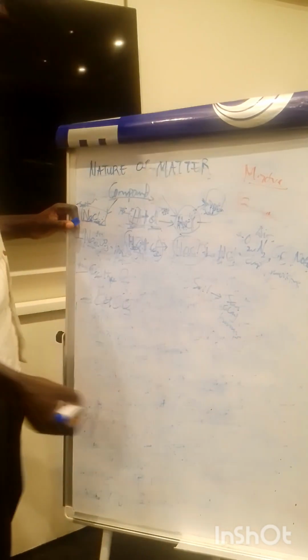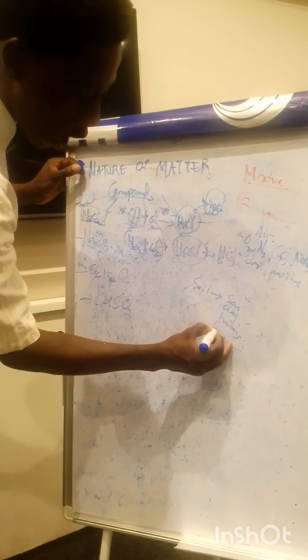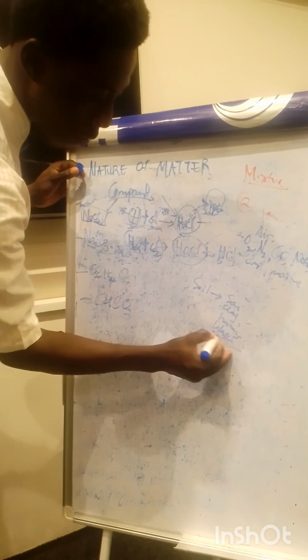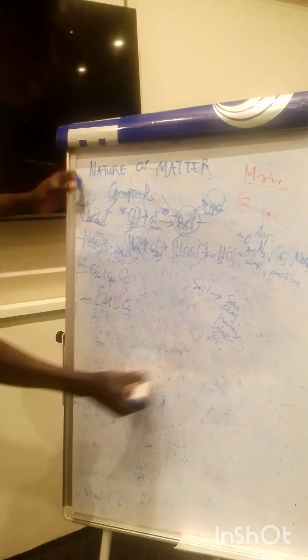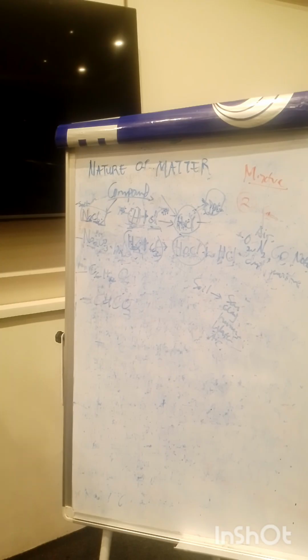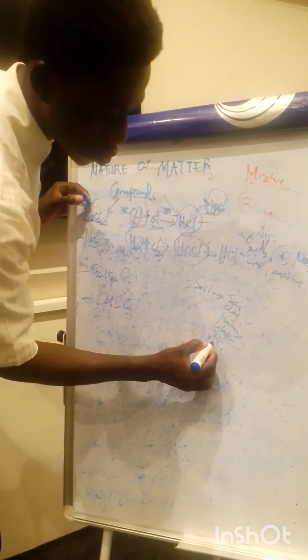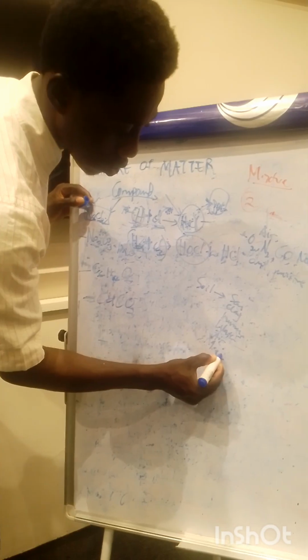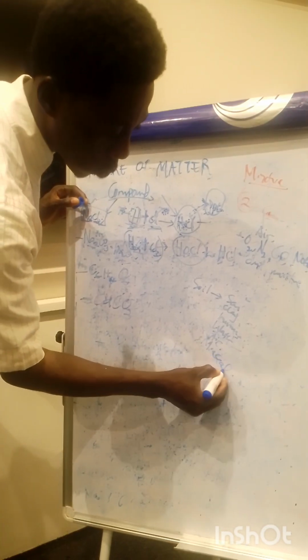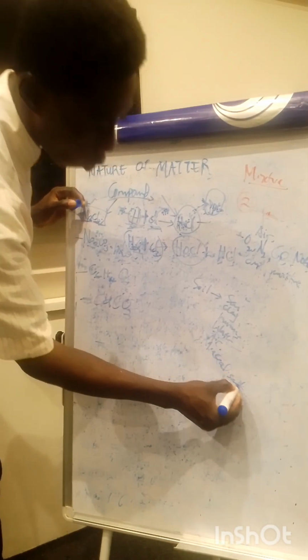And then there is no way your soil will not have water, there's no way it will not have air. Then I think we should add mineral salts. So these are the constituents that make up your soil.